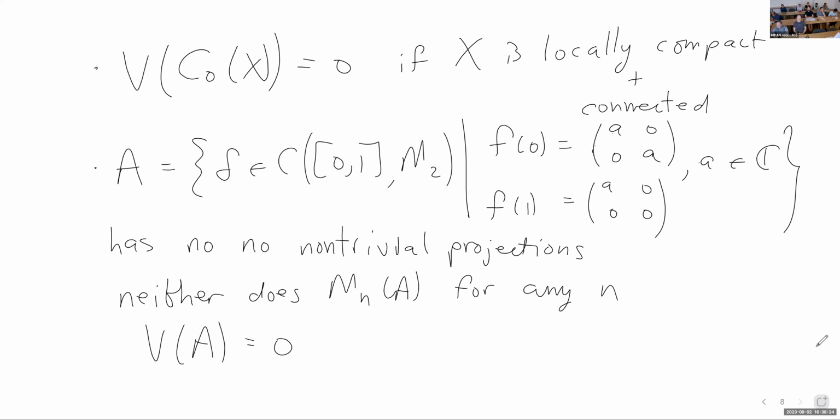Let me tell you about some properties that this functor that sends C-star algebras to semigroups has. One of the properties is that it is a functor. So the first property is functoriality.